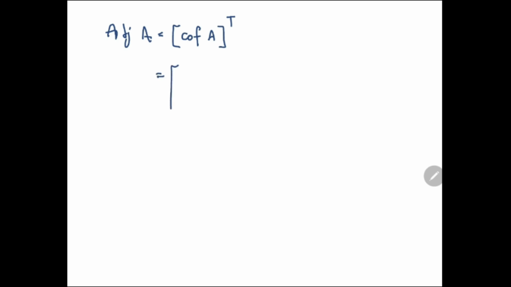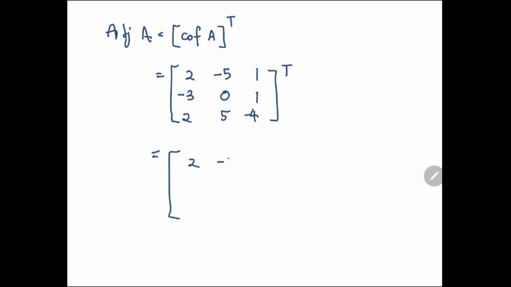So, which is 2, negative 5, 1, negative 3, 0, 1, and 2, 5, negative 4. We transpose. So, the adjoint of A is 2, negative 3, 2, negative 5, 0, 5, and 1, 1, negative 4. That's all. Do you understand how to get an adjoint?